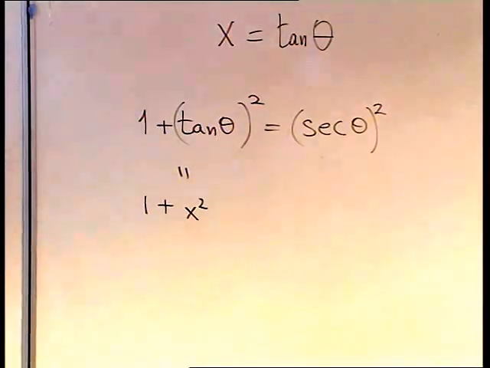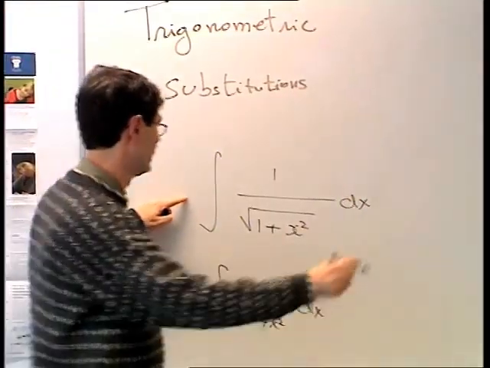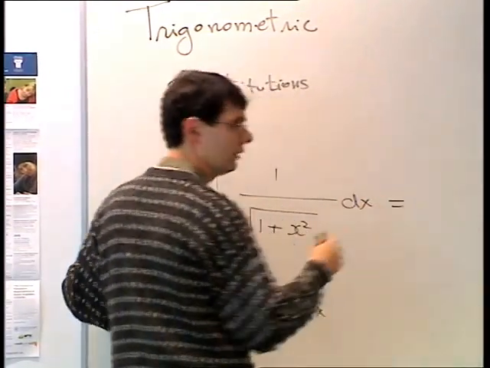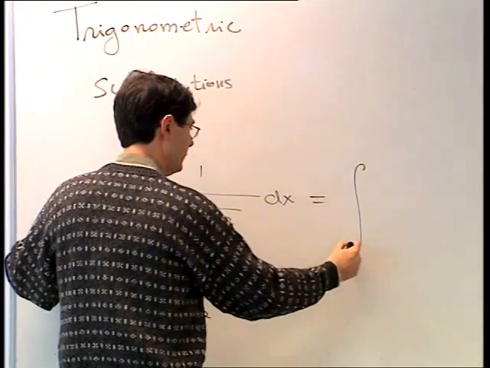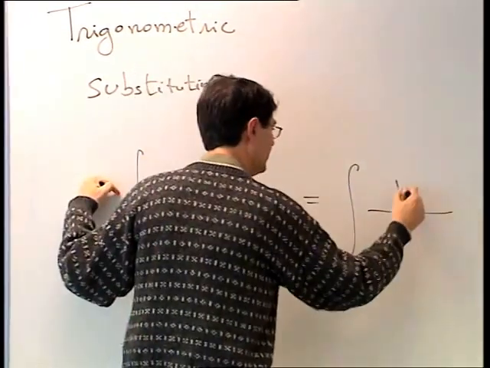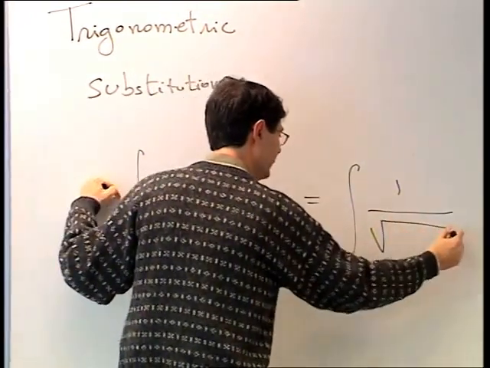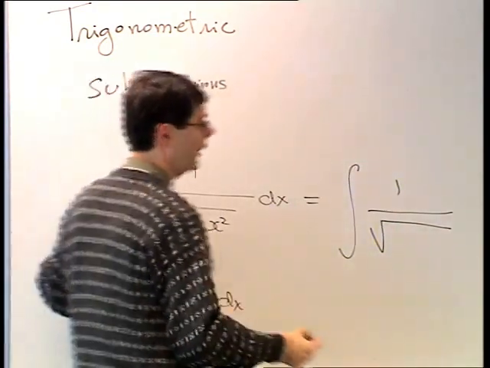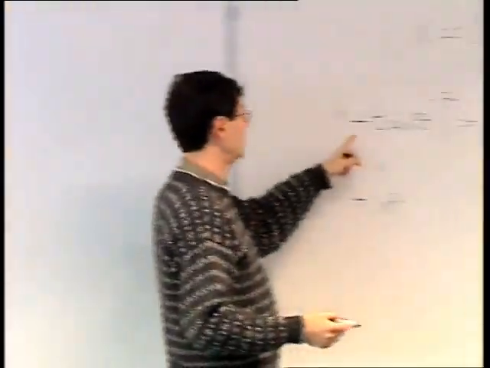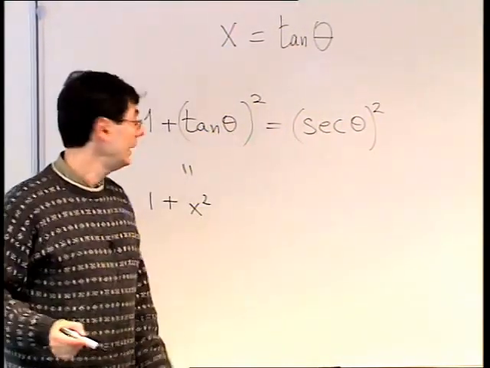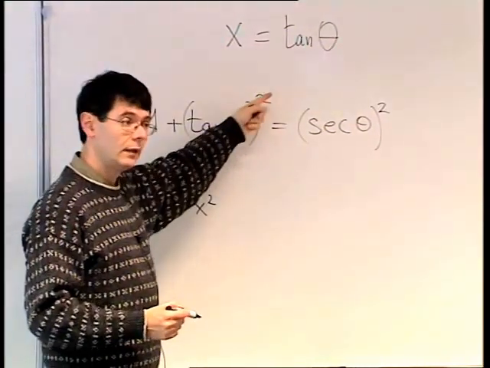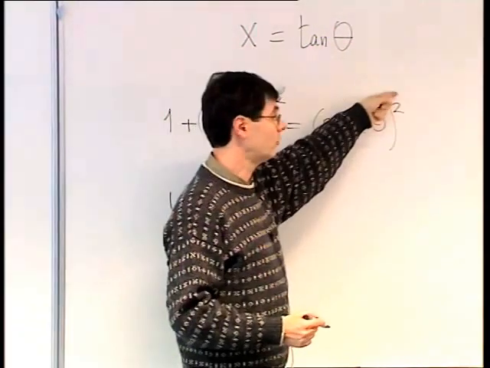So take a look at what it does to you here. Take a look here on the board to what it does for you. Or to you, it depends. But this is going to be the integral 1 divided by the square root. 1 plus x squared is 1 plus tangent squared. And 1 plus tangent squared is secant squared.